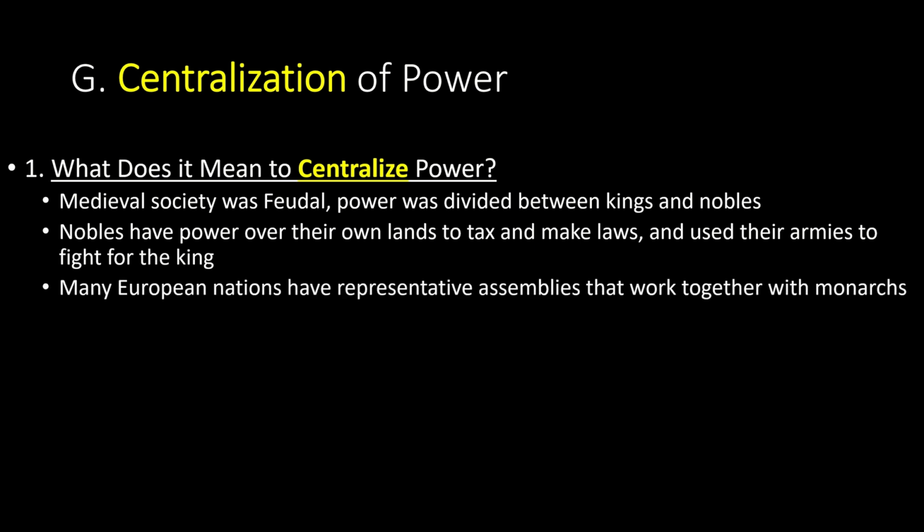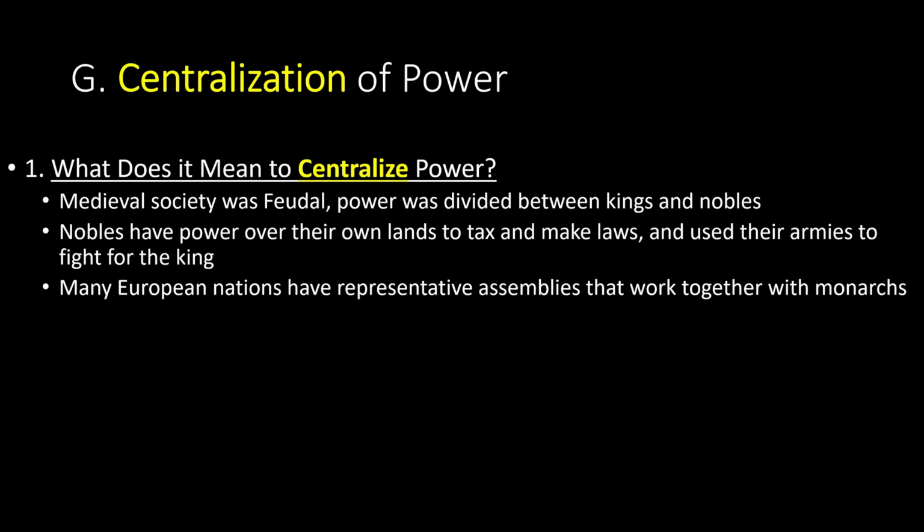So, one of the things that's going to set the new monarchies apart is nobles are going to lose power over time. Now, many European nations at this time have representative assemblies that work together with monarchs. What a representative assembly is, it means nobles get together, for England in a parliament, and they get together with the king and work things out. They work out laws and taxes or whatever.